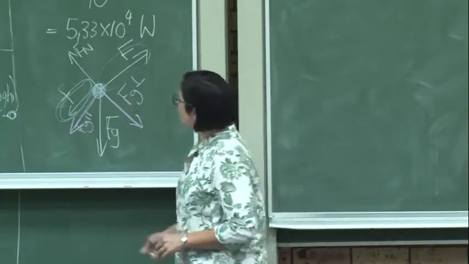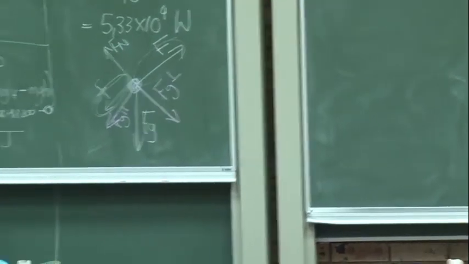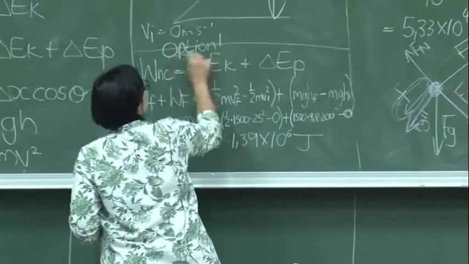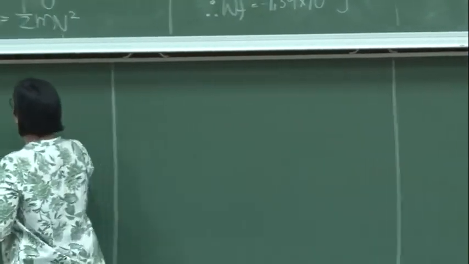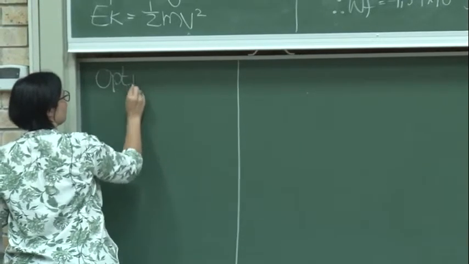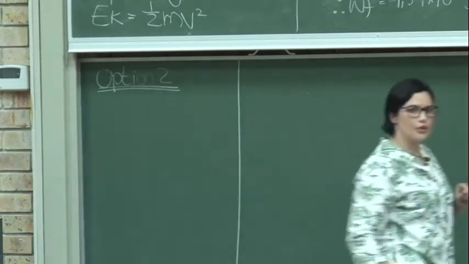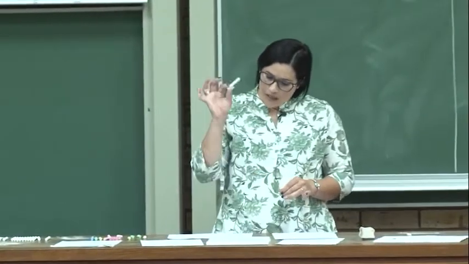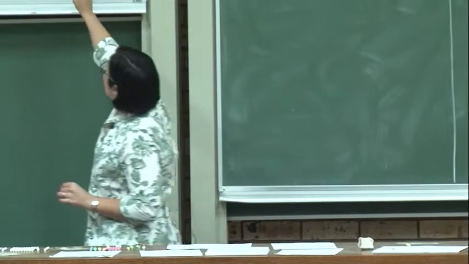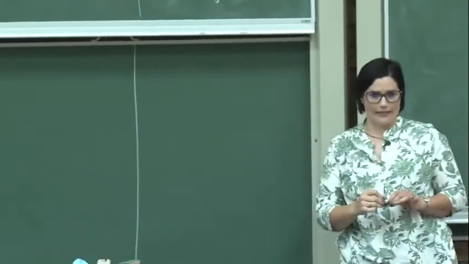What is the second option? Because I told you we have two options. This was option 1. The other option, option 2, is I could have used work done by the net force is equal to the change in kinetic energy. But I cannot use the component of weight.